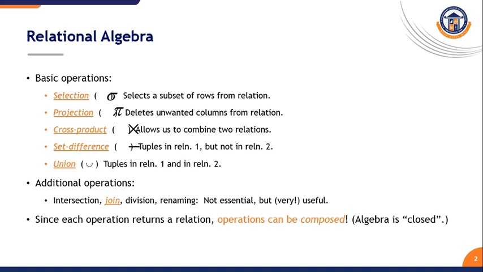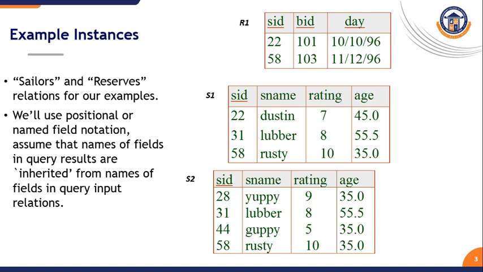The next one is the example instance. To make our learning easier, we will use some example relations. We have relations called Sailors and Reserves, written as R1, S1, and S2. These are the three different relational tables used to perform the operations from the conditions.